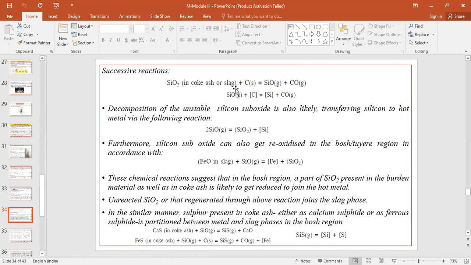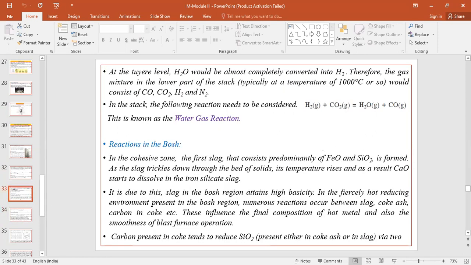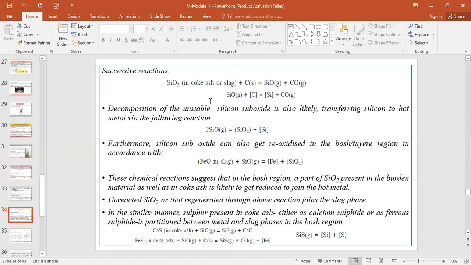Also the SiO gas, whatever is formed here, may react with the FeO in the slag, where we have discussed that your slag is basically a FeO, SiO2, and CaO kind of slag. Okay, and at the tuyere part, the SiO2 in the coke ash or in the slag reacts with the carbon and forms SiO gas, and this SiO gas starts traveling up.